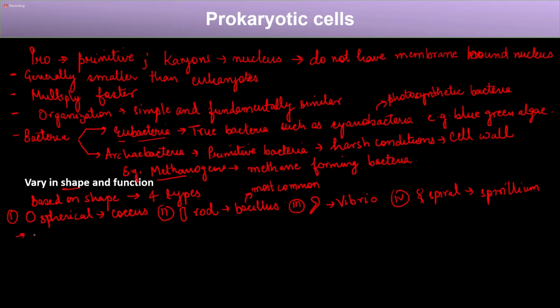So for example, suppose you see a sample in a microscope and you see something like this, that is 2 cocci joined together end to end, then this type of bacteria will be called diplococcus.